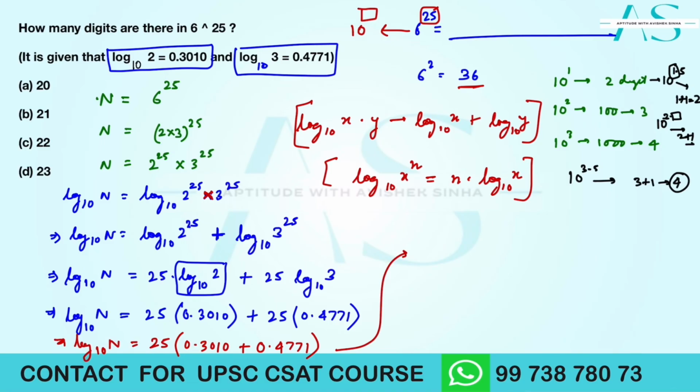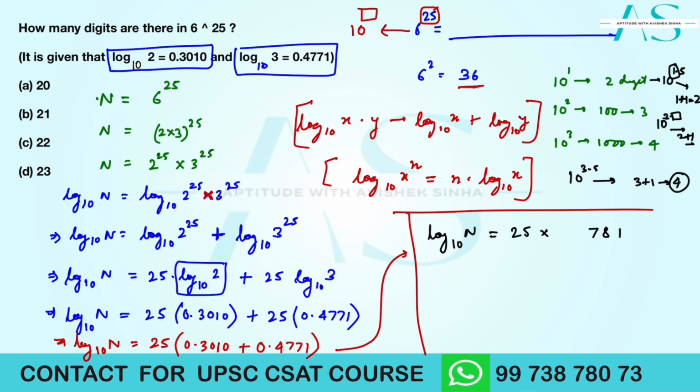अब मैं क्या करूँगा? Let's simplify this further. Taking anti-log, it would be n as, or let's keep this as log format, 25 और यहाँ पे क्या आ रहा है into 1877.